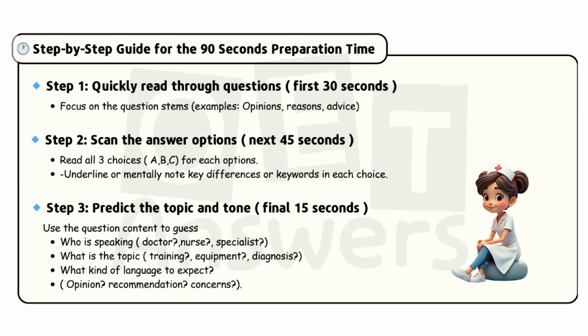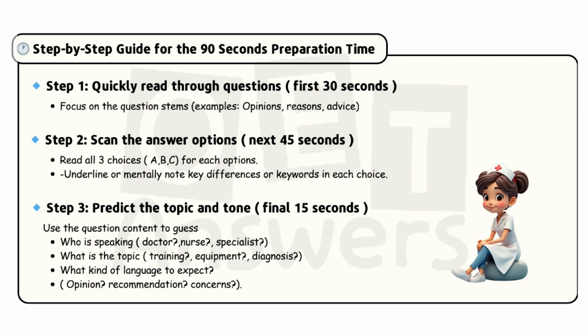Then the second part of this step is to underline or mentally note key differences or keywords in each choice. How can you do that? You have to underline a specific word from each option, A, B, C. Among the 3 options, sometimes you can see 2 options will be similar, look-alike in meaning, and another one will be completely contrasting.